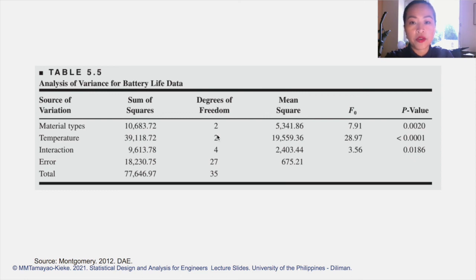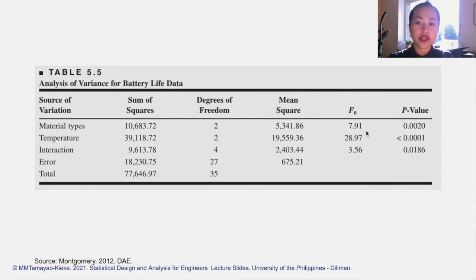For example, for material type, we get F at 0.05, degrees of freedom 2 and 27. The same is true for temperature, and that value is 3.35. If we compare 7.91 and 28.97, obviously they are larger than 3.35, which leads us to the conclusion that material type and temperature are significant.